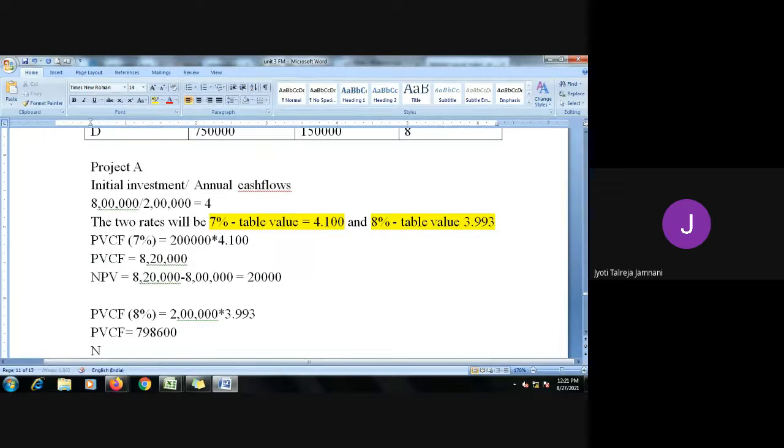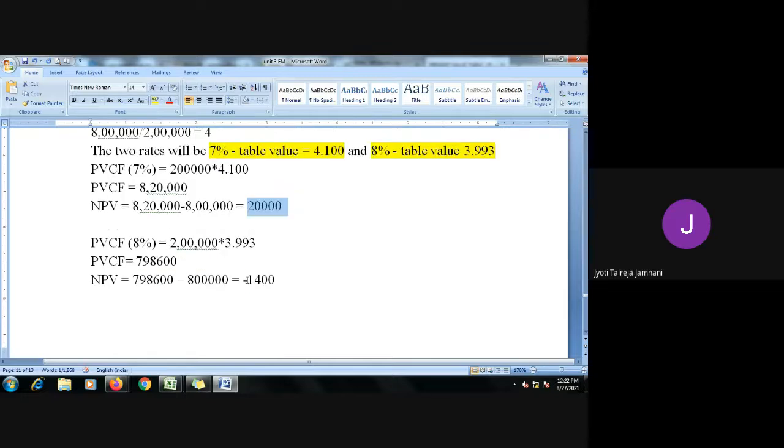Then NPV will be 7,98,600 minus 8 lakh. So we get a negative NPV here of minus 1,400. So we have two rates. One is giving us positive NPV and the other negative NPV. These are the lower and the higher rates. Using this, we can find the IRR.